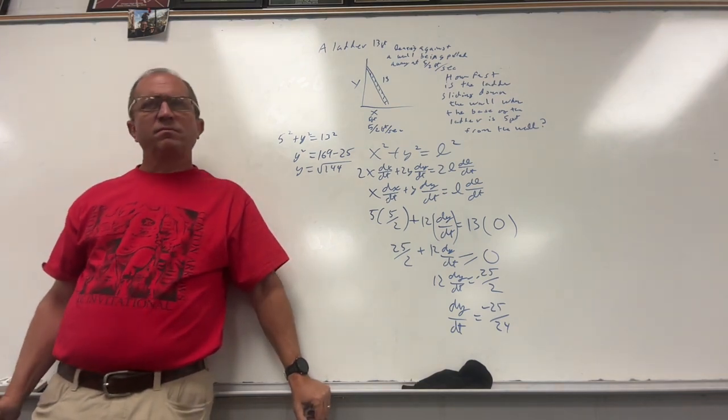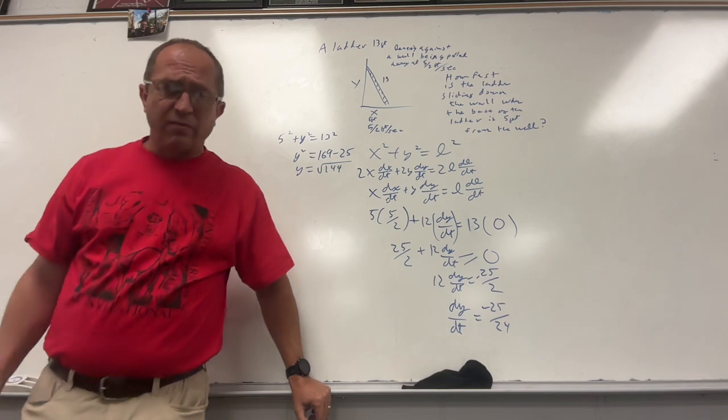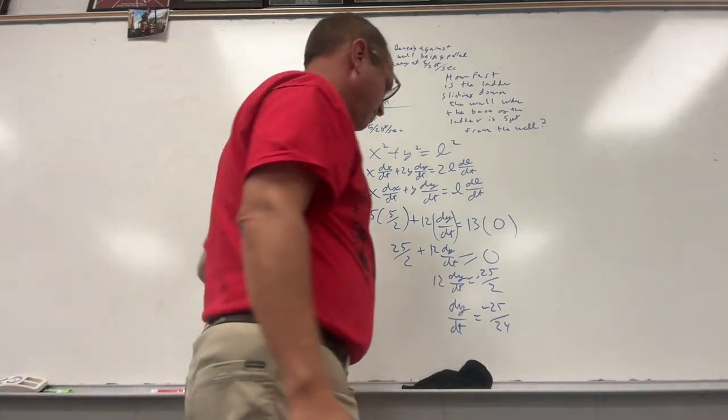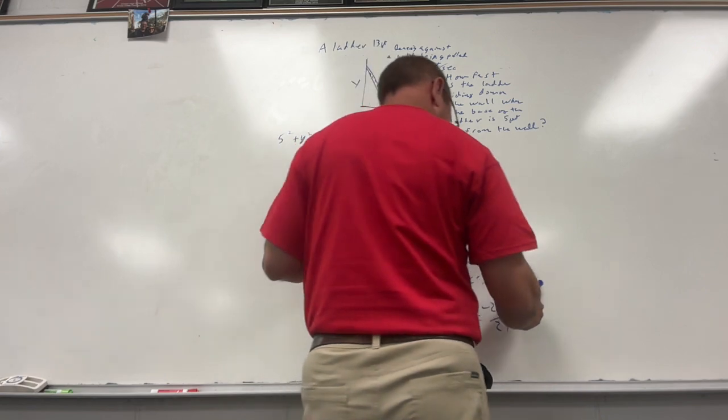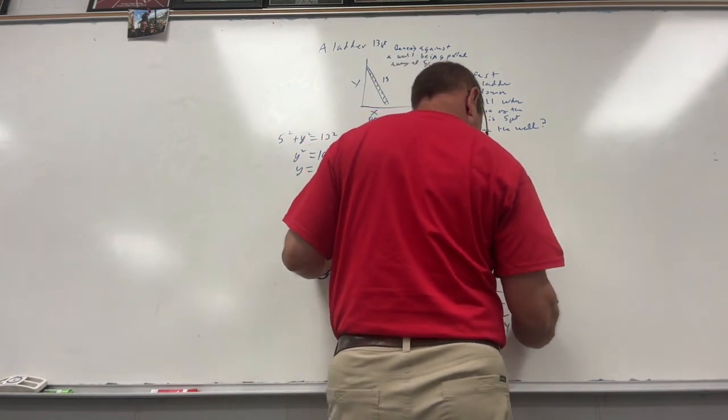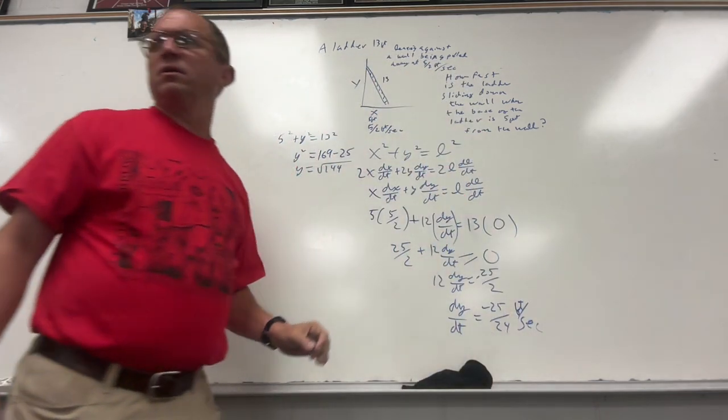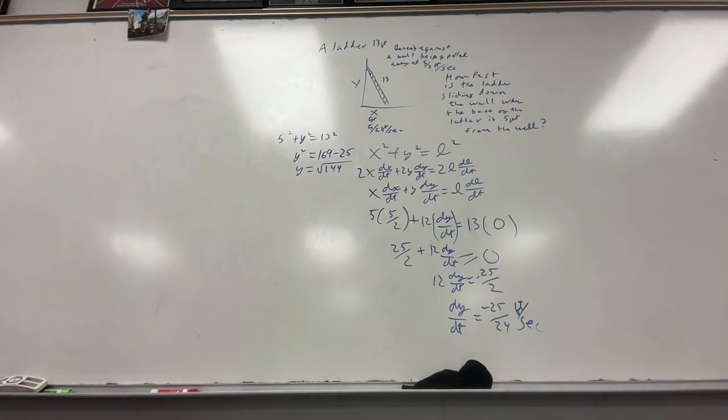Now, the units. Everything in here is in terms of feet, right? And the changes are in terms of seconds, so it's feet per second. Now, we got a negative answer here. Does that make sense? Or was I wrong? Did I make a mistake somewhere? I think it makes sense because the distance is decreasing.